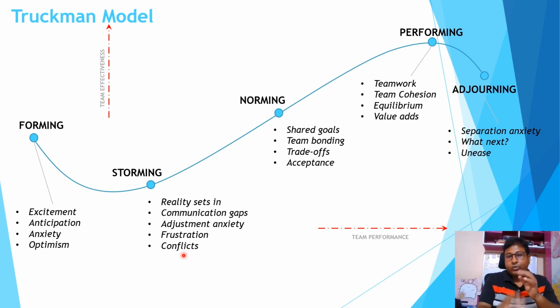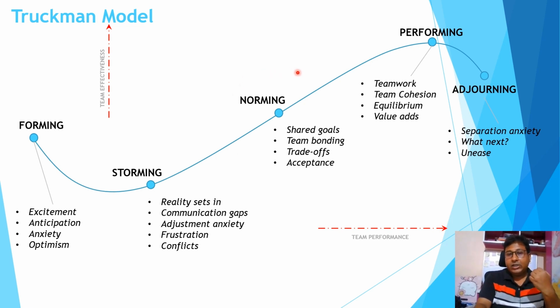So in this stage you will see a dip in the performance, in the form of the excitement and everything. But this is the phase where we need to keep our nerves steady and be optimistic as a program manager, because if you handle this phase properly and overcome it, your journey will start from there onwards. Here you need to do a lot of retrospection, inspection, and adaptation, right?